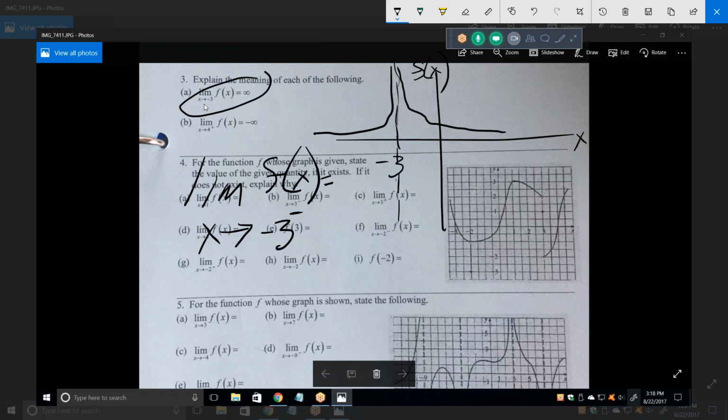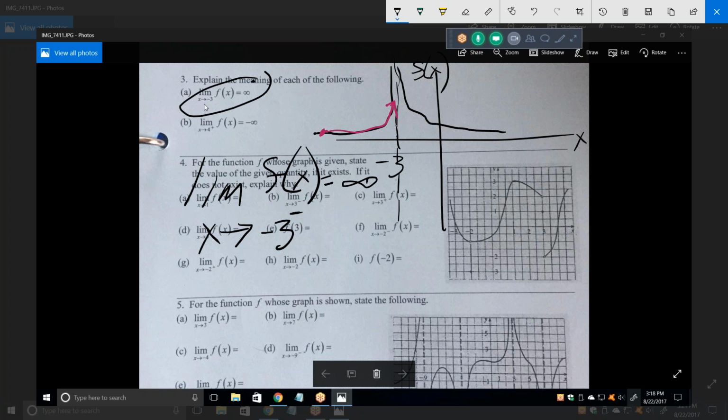If you look at the graph, hop on board the function, and when I say hop on board the function, this is what I mean. Hop on board the function and travel towards -3 from the left. Just like that. What happens to f of x? What's the limit of f of x equal to? Infinity? Yeah.